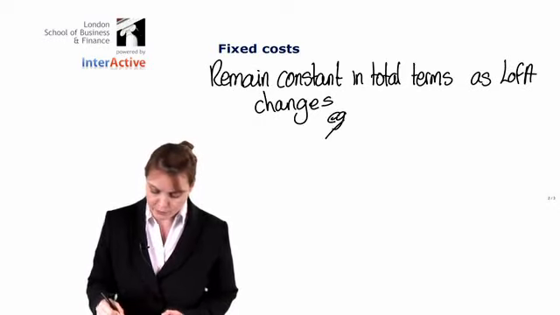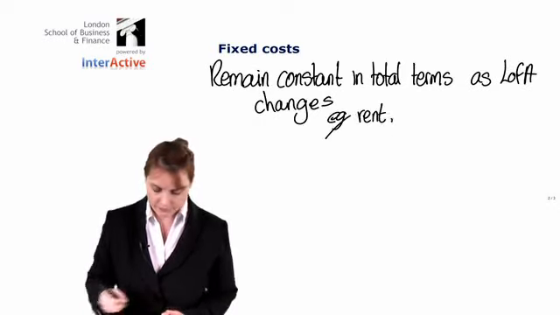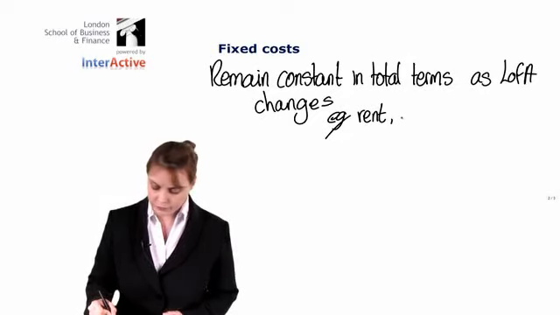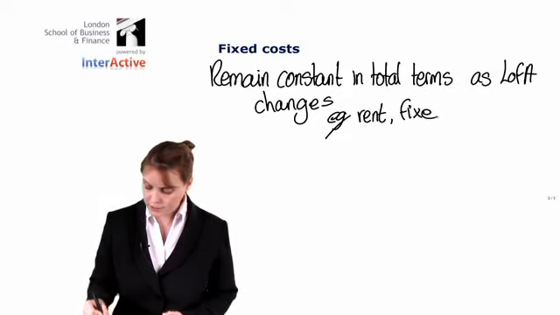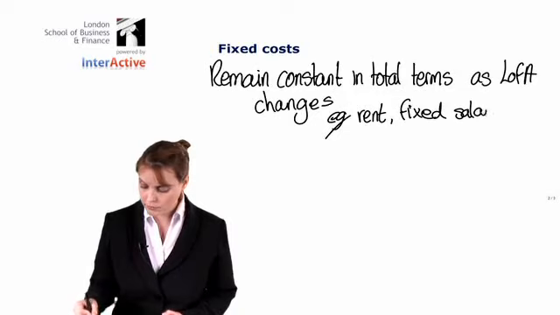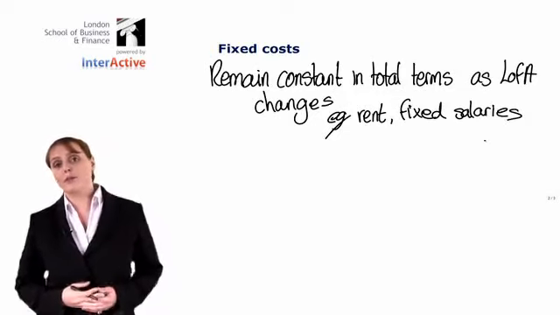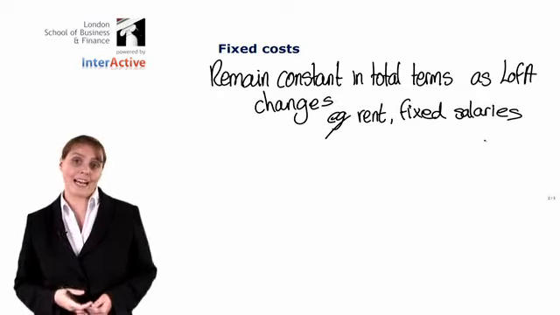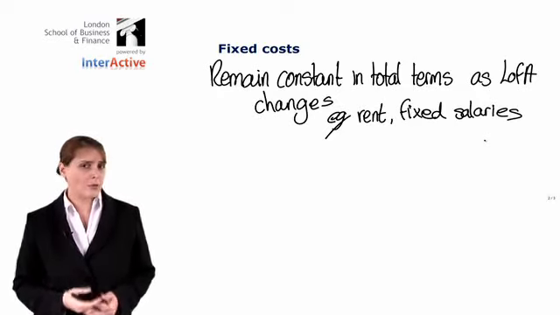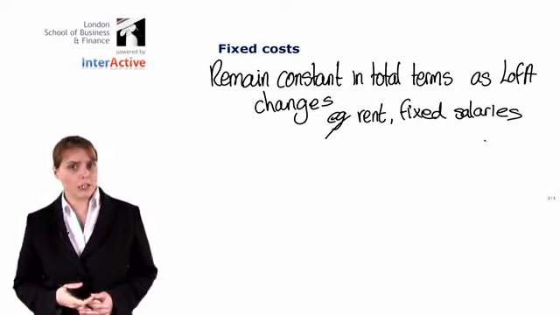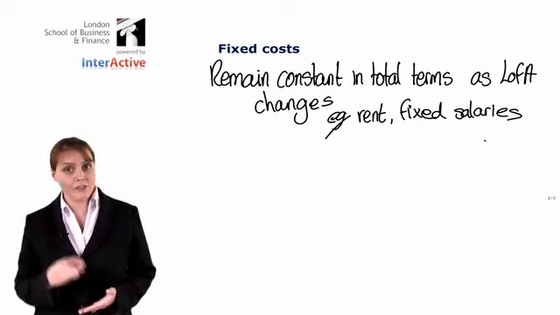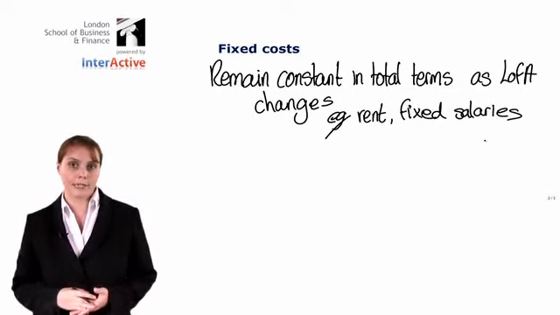So for example, we've mentioned rent and also fixed salaries. So if our factory supervisor is on a fixed annual salary, then regardless of how many units we produce, we are going to have to pay them their salary.